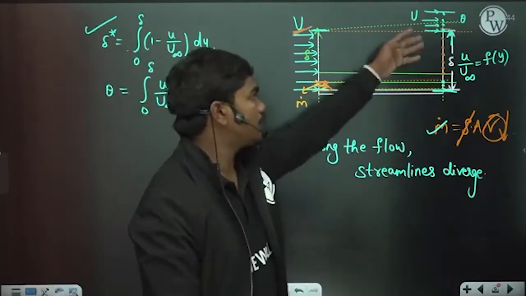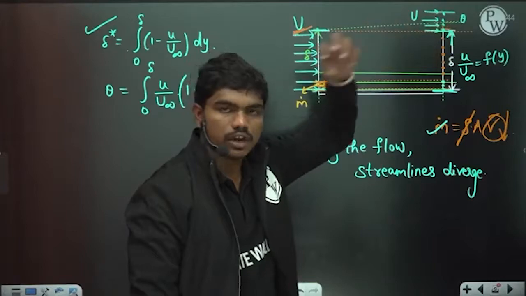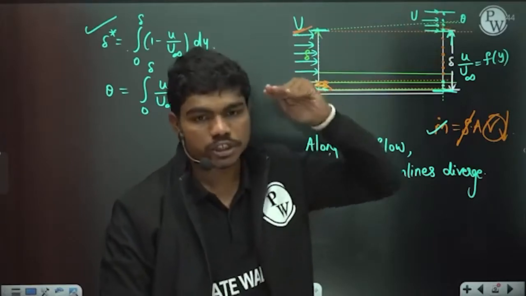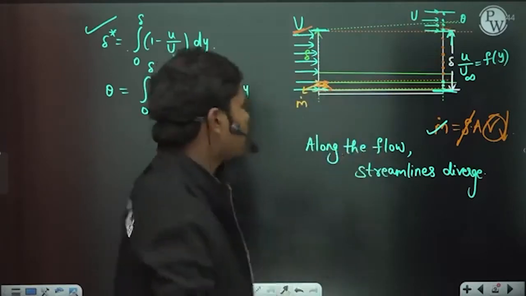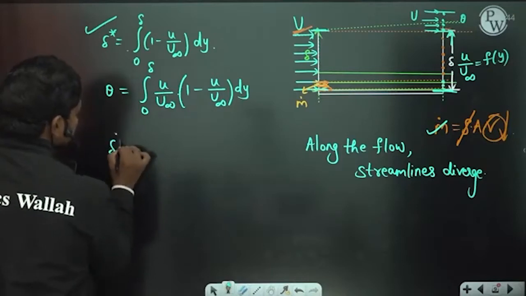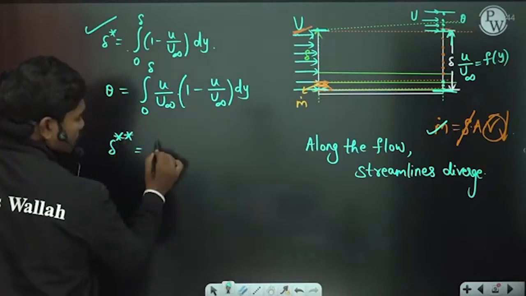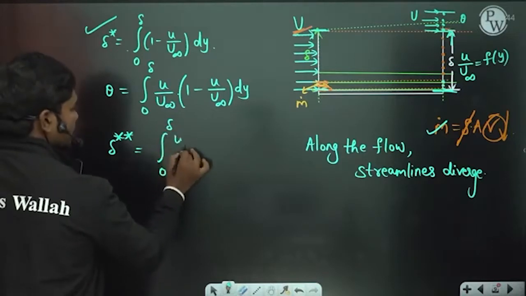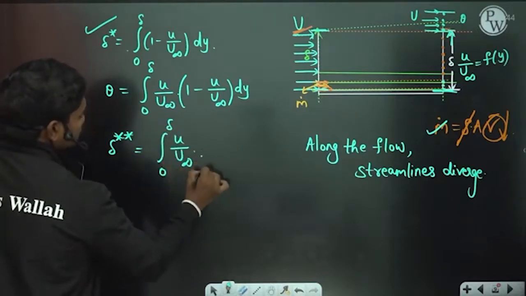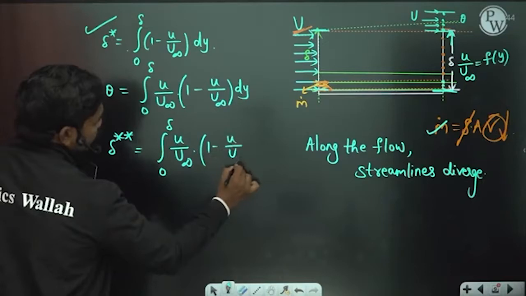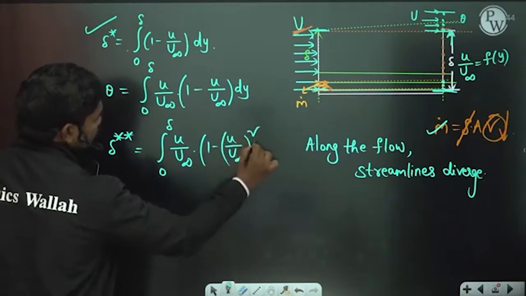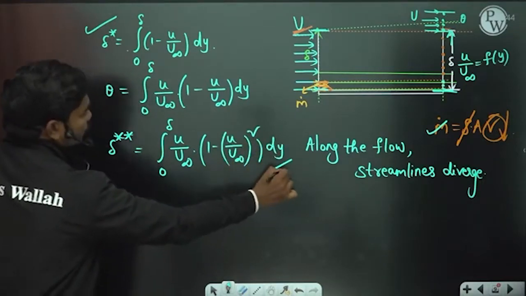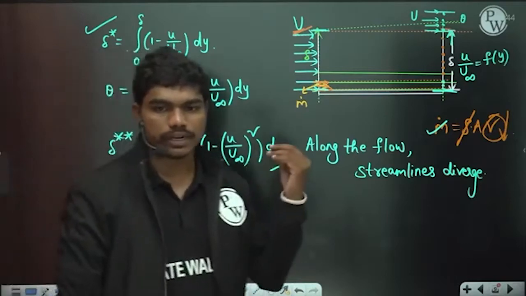Because the velocities got reduced, whatever is the loss in the kinetic energy because of the slowing down of the particles is compensated by this energy thickness, which gives you this expression. I'm not doing the derivation, right now I'm just giving you the expressions: the integral of u by u infinity times (1 minus u by u infinity) whole square times dy. I'm not doing a theory course, so that's why we are just talking about this.